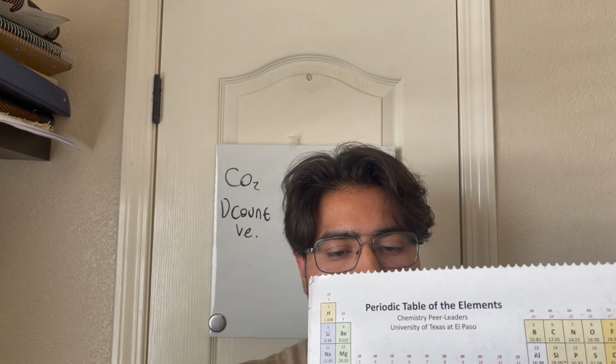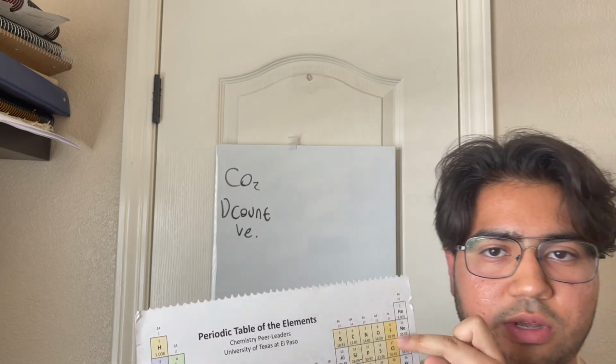Okay, the way we find valence electrons is through the periodic table, right? So from hydrogen to beryllium, and then we skip the transition metals and we go on to boron all the way to helium.